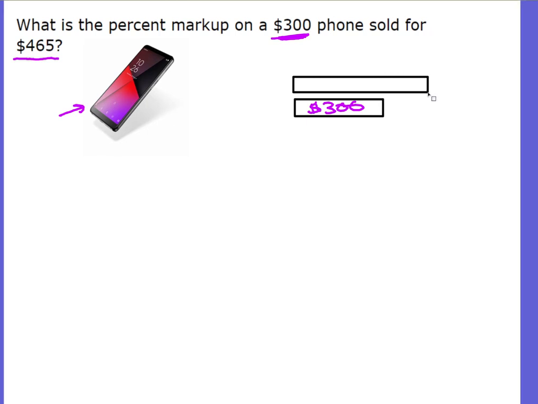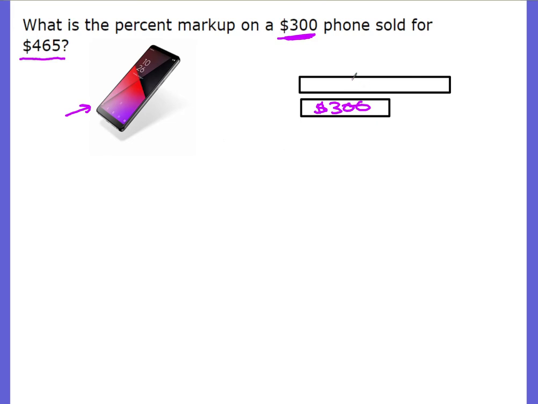Maybe 465 would be about there. I'll label it as my 465, and of course this leftover bit here, that is my markup. But we don't want markup, we want percent markup.